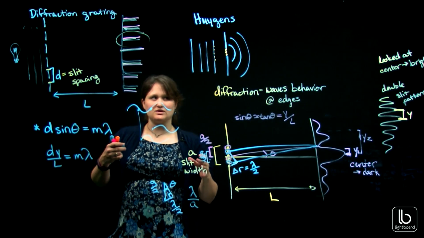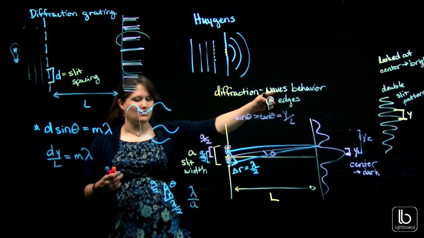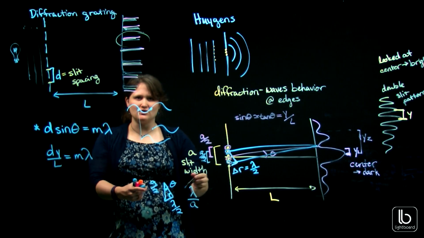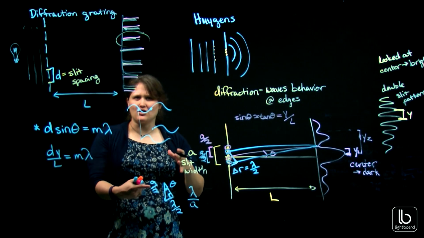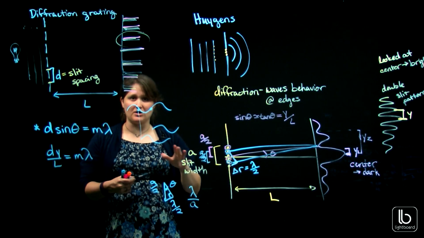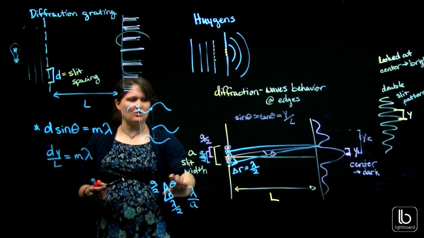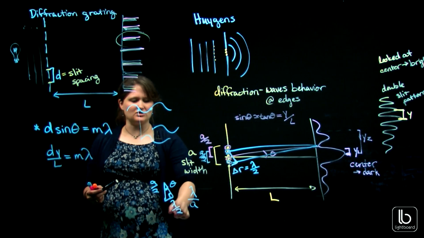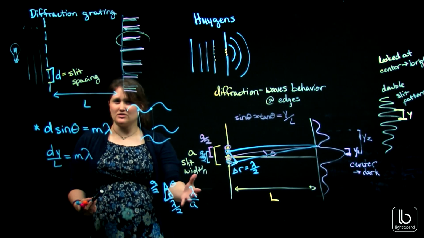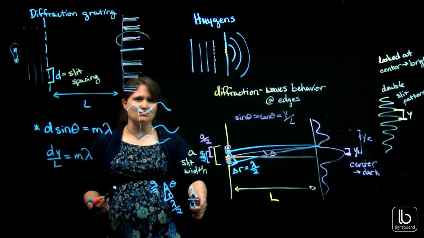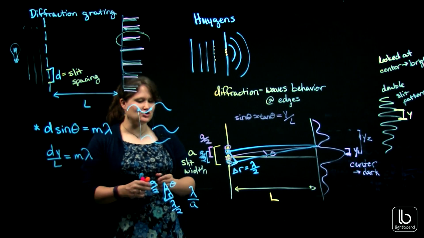Well, when we were dealing with our double slit, we didn't have those factors of 2 in there, and it looked like lambda over d, but that was for a bright spot. Because we're only looking at a spacing of a over 2, it turns out we're still going to have this same ratio, this same relationship.